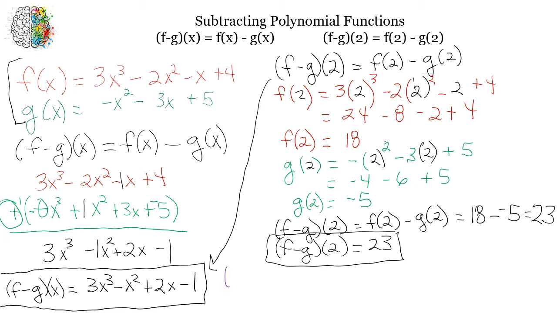So that would be f minus g, and then we're going to plug in my 2. We're going to take that original equation, and everywhere that I have an x, I'm going to plug in a 2.